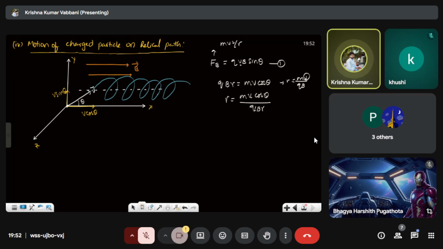Here the particle is moving in the horizontal direction in a helical path. That's why I have taken the horizontal component. So instead of v, I have taken v cos theta. Do you understand why this formula came?